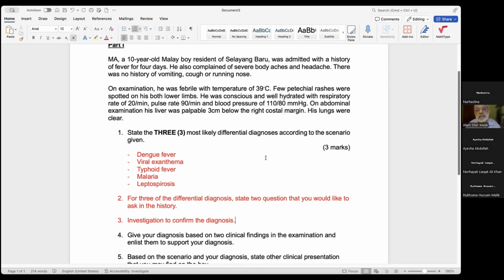That is the major strength of MEQ. So even if they have made a mistake in part 1, they can still do well in part 2 based on the new information given.